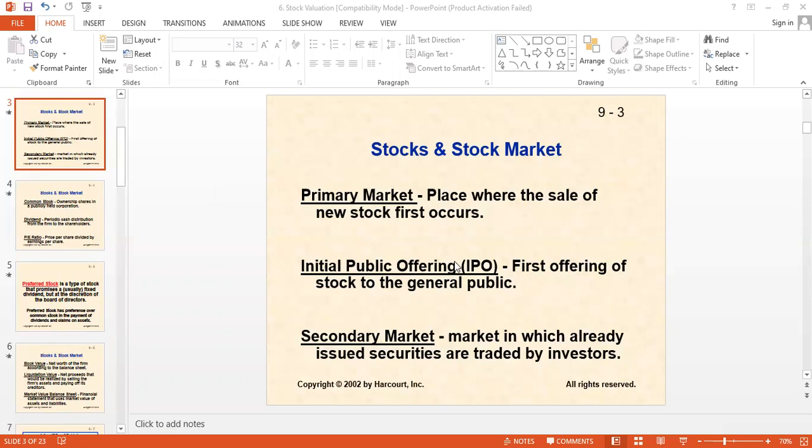Let me give you a theoretical, hypothetical example to explain these two concepts, the primary market and the secondary market. The primary market, it is mentioned over here, is the place where the sale of new stock first occurs.